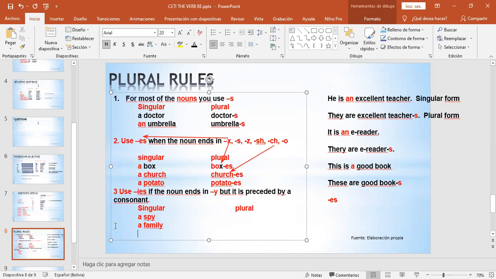Okay. Good example. Now let's change into plural. Spy, for example. Plural, spies. Family. Plural, families. Key.